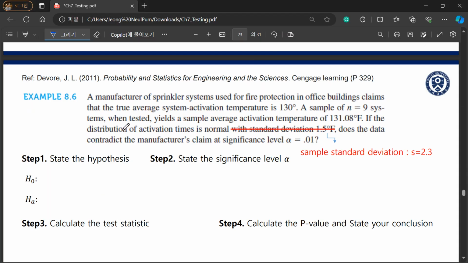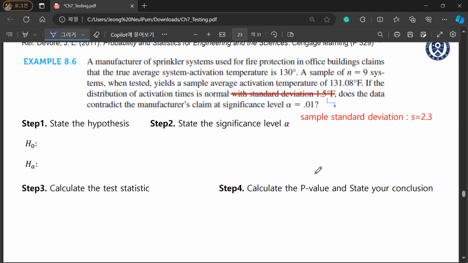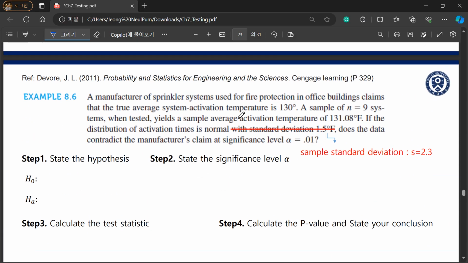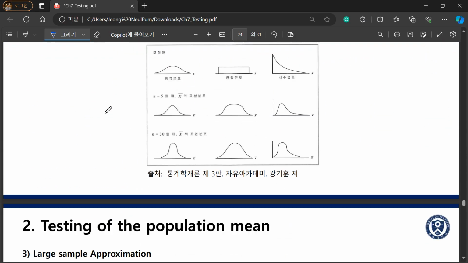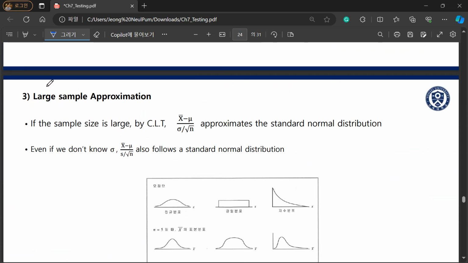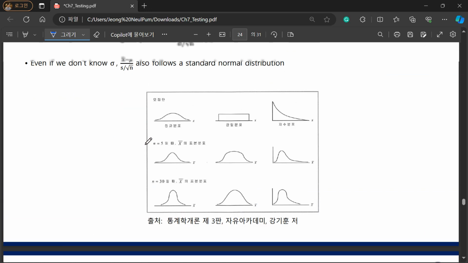And let's go to example number 4. I will skip this problem, but do not skip it yourself. And we already know that even though we are not sure that our sample comes from the normal distribution, if the sample size is big enough, we can still use the normal distribution because of the large sample approximation.